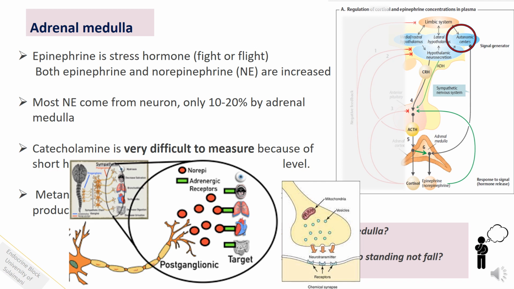So norepinephrine has higher affinity for alpha receptors and causes vasoconstriction. So the effect on vasoconstriction is mostly through norepinephrine, not epinephrine. And norepinephrine is mostly, as we said, released from synapses in the form of a neurotransmitter. That's why even if there is no adrenal medulla, we can live. It doesn't cause death, but we become lethargic and diseased.